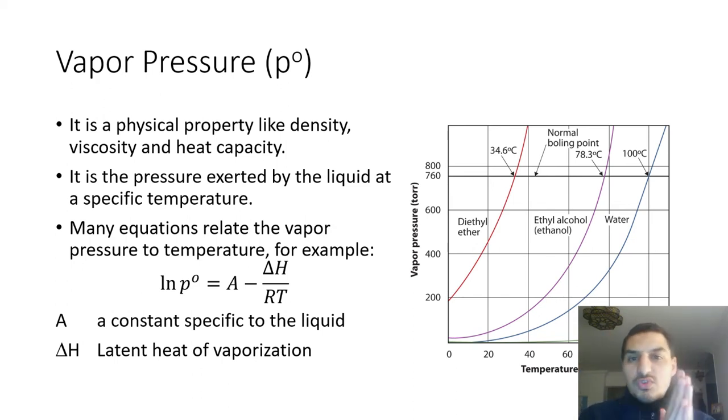The atmosphere is pushing the liquid to stay in the liquid phase, and the vapor pressure is pushing the atmosphere so that the liquid can evaporate. So once the vapor pressure reaches the atmospheric pressure, then the two forces are equal, and then the liquid can evaporate. And this is the reason why water evaporates at 100 Celsius, because at 100 Celsius, the vapor pressure equals the total pressure.